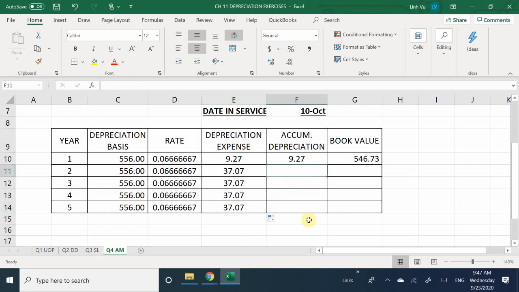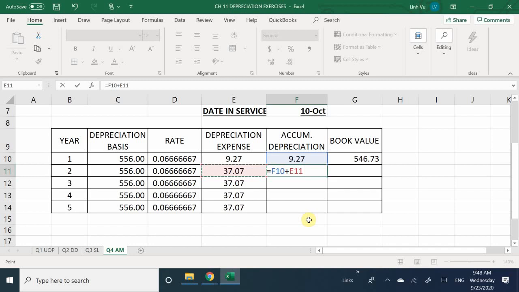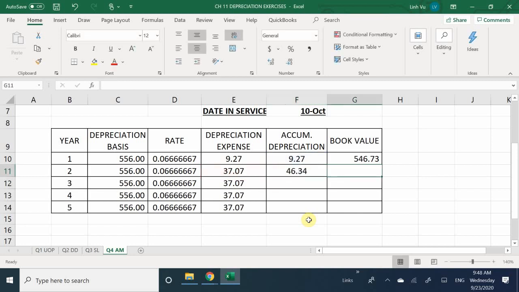So in this case, what is my accumulated depreciation for the second year? Did you solve for the book value? Sorry, I'm wrong.